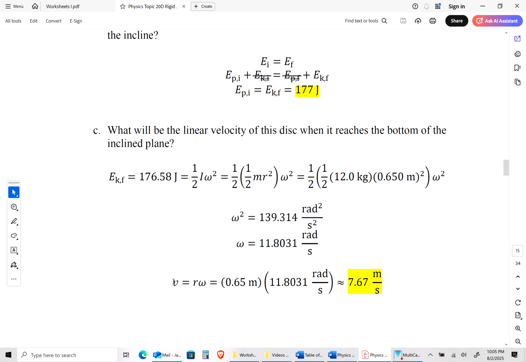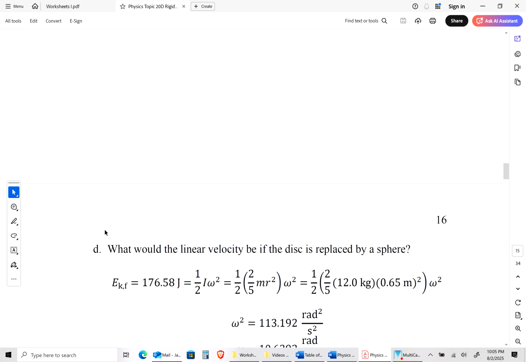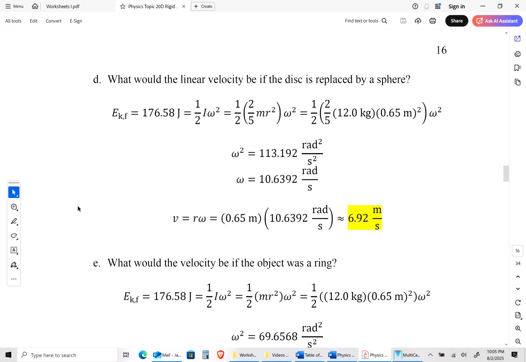And we know V equals R omega. Part D, what would the linear velocity be if the disk is replaced by a sphere? So now we're going to change the moment of inertia to 2/5 mr squared.